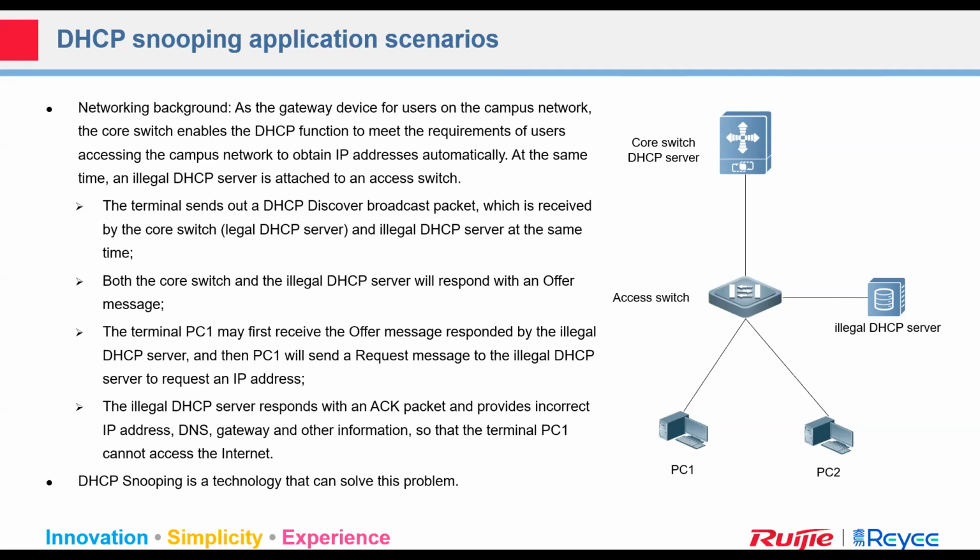At the same time, there may be a rogue DHCP server, or illegal DHCP server, on this access switch. For the DHCP process to be complete, it requires a DORA process.